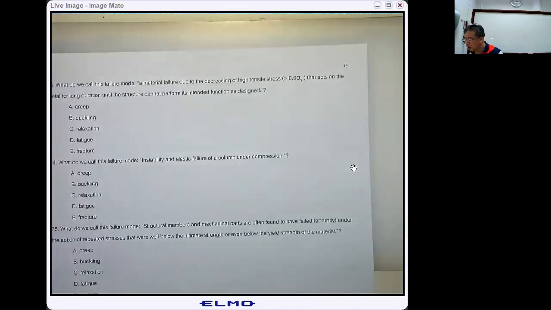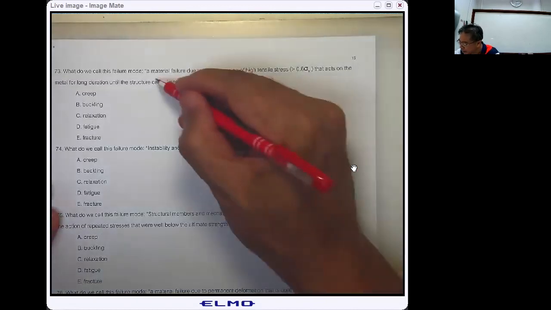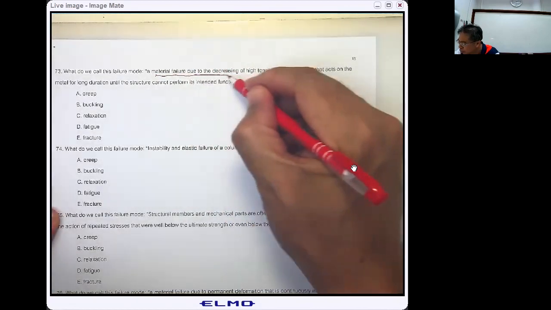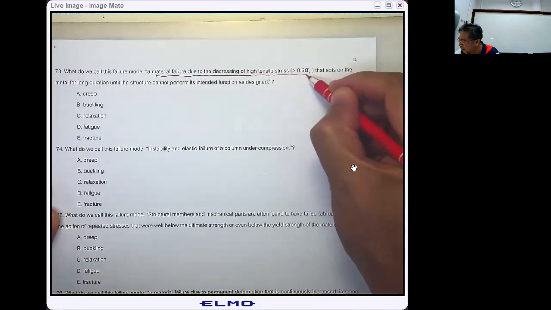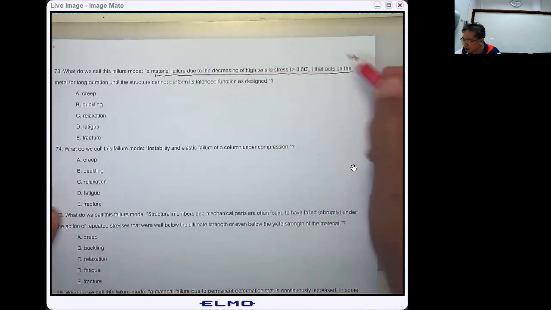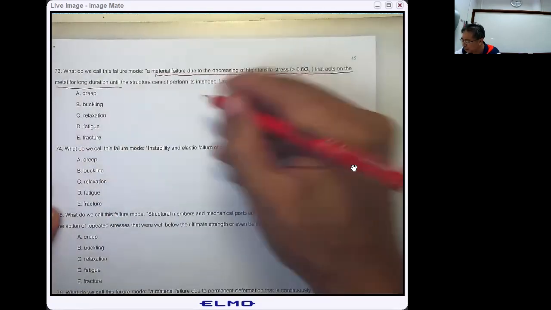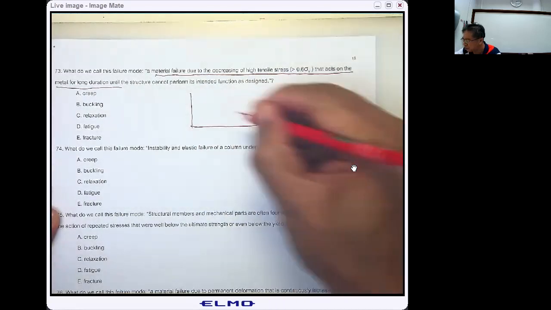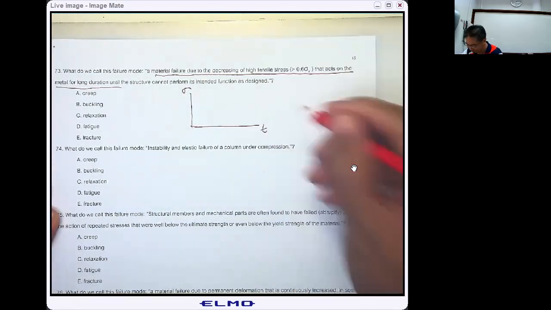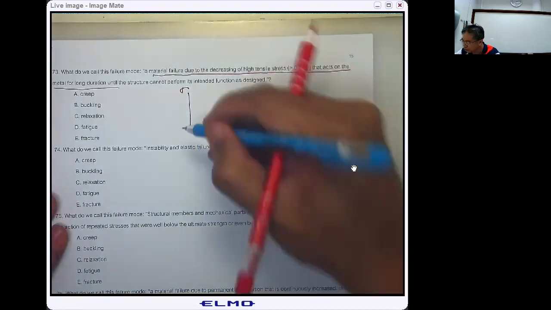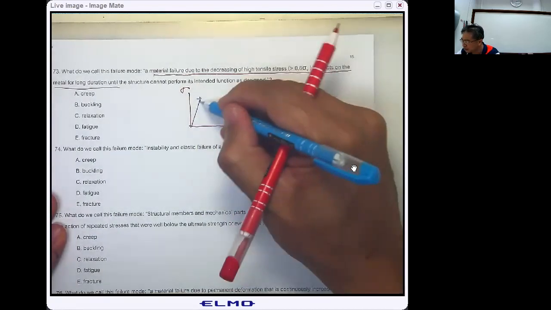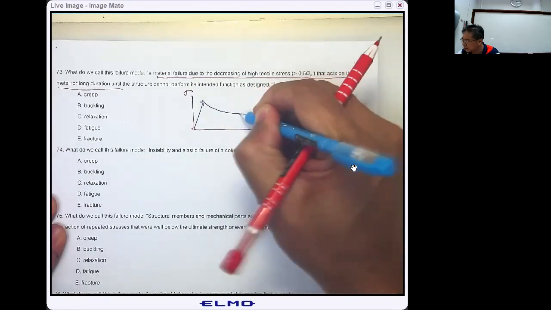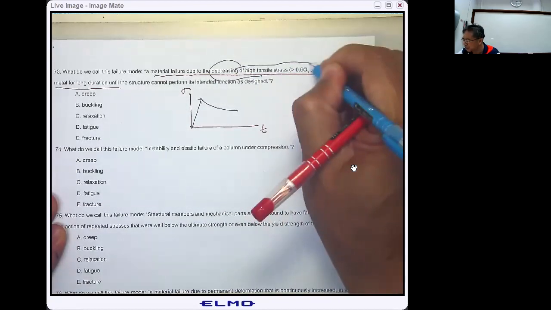What do we call failure mode? The material failure due to the decreasing of high tensile stress that acts on the metal for a long time. So you have the stress, and you put this stress up to here, and then the stress just decreases from the high stress.